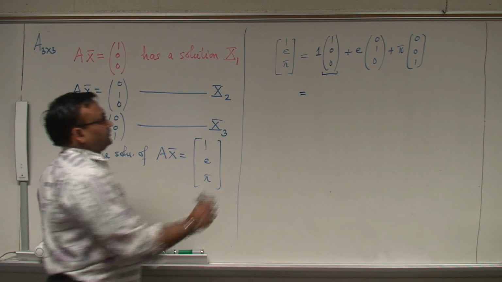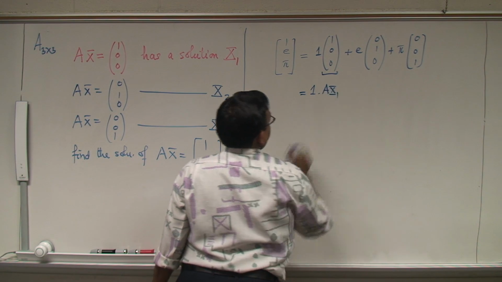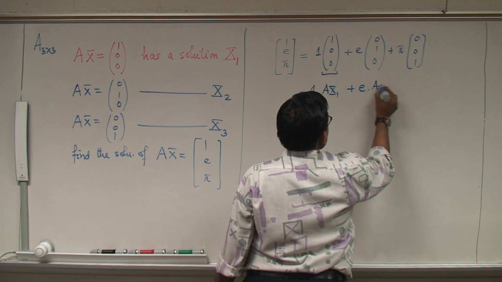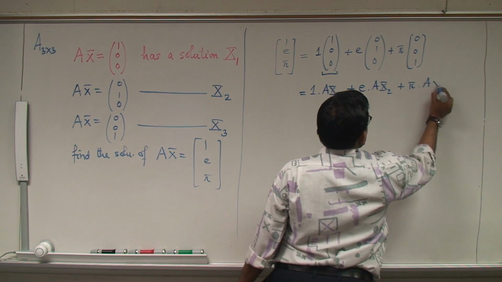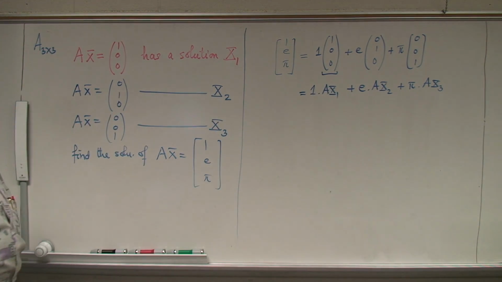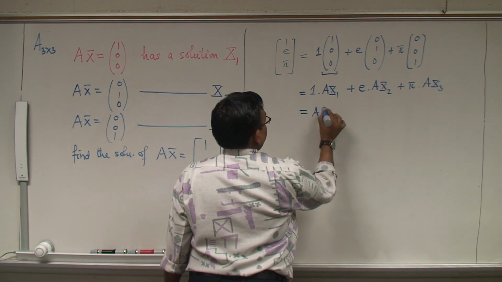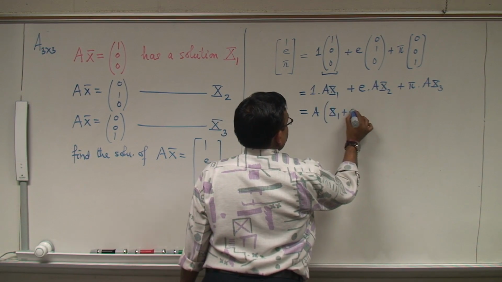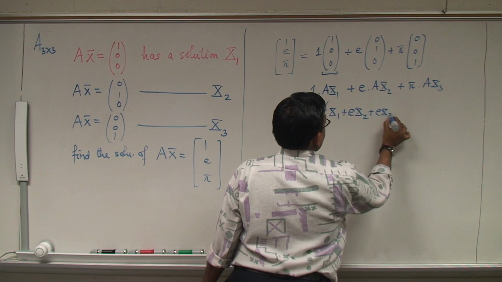So can I say that this thing is actually A times x1? Likewise, can I say this is A times x2? And can I say this thing is A times x3? Because I know the solutions x1, x2, x3 are there. So can I now say that it will be A times x1 plus e x2 plus pi x3.